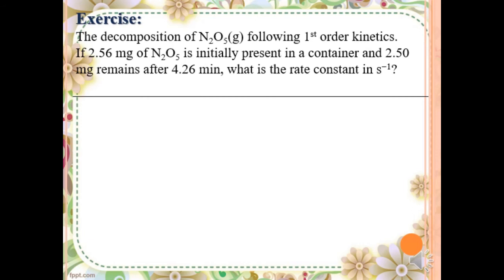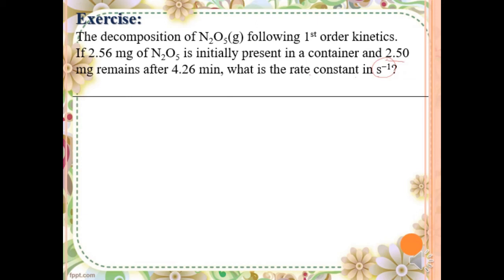If initially 2.56 milligram of nitrogen pentoxide is present in a container, and after reaction occurs for 4.26 minutes, only 2.5 gram remains behind, what is the rate constant in unit of per second?